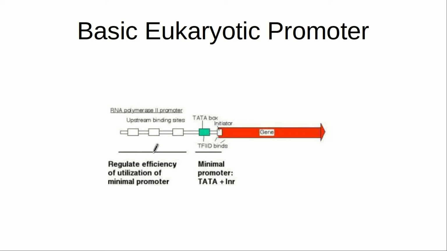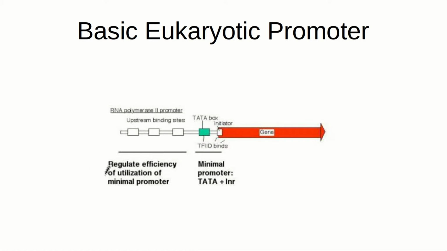All right, so here's your basic eukaryotic promoter, and I'll end this lecture. It's definitely going to be more than one. Here you have your INR. Notice INR is where you start copying more. The TATA box is before it, and here you have upstream sites where you have your transcription factors binding, or your enhancers and things like that will alter the efficiency of your RNA polymerase up here.